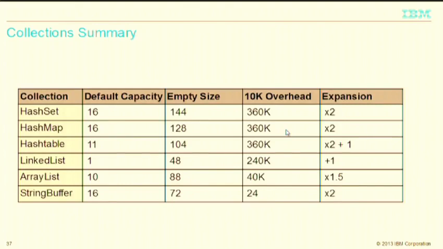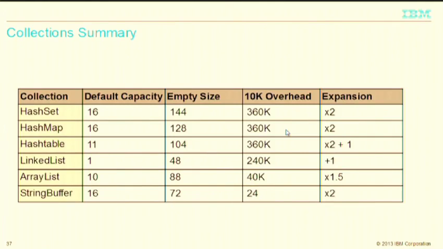And again, in the same way that the default size for collections is 16, 16, 11, 1, 10, 16, it seems to just be, well, I've got a magic 8 ball and it's whatever it said. They've done the same thing for the expansion algorithm. Most of the hash sets double in size, apart from hash table. That doubles and adds 1. Linked lists grow linearly, so that's good.